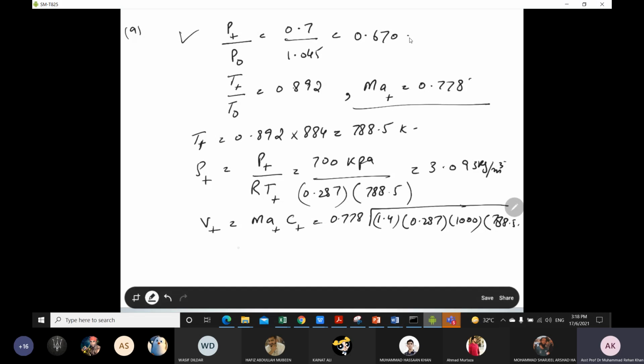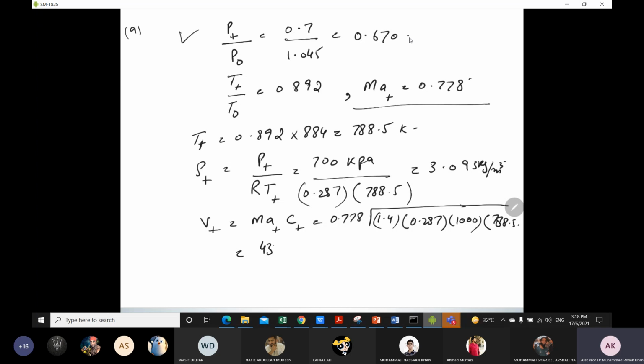Okay, so by using this data we can easily find the velocity at throat, which is 437.9. Okay, so from this we can find the mass flow rate now.